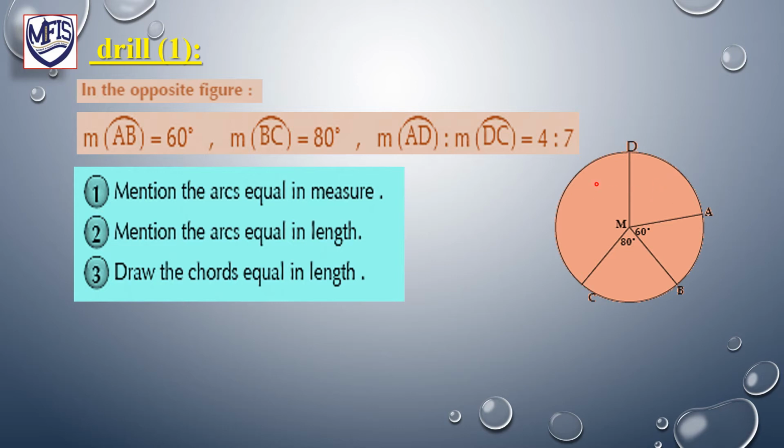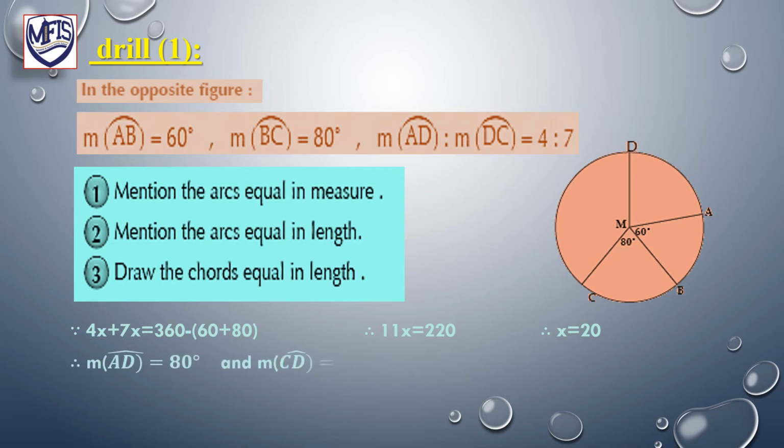Now that means the smaller one will be 4x and the greater one will be 7x. 4x plus 7x will equal 360 minus 140. Let's see. The measure of arc AD equals 80 degrees and the measure of arc CD equals 140.